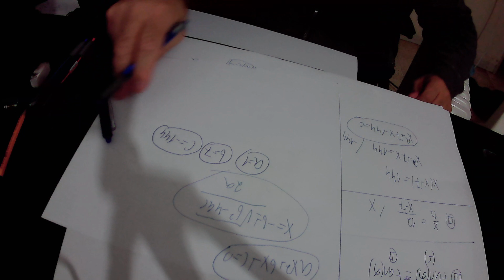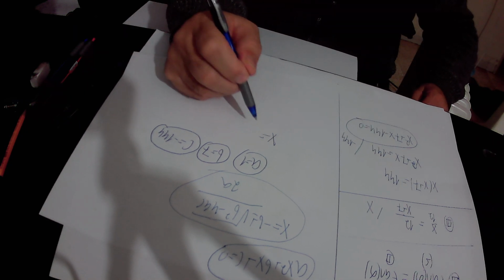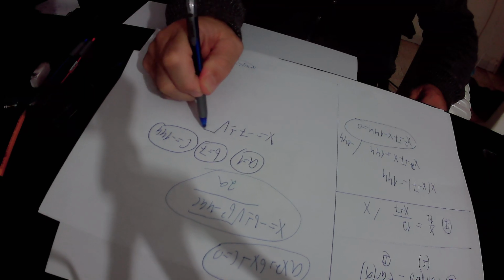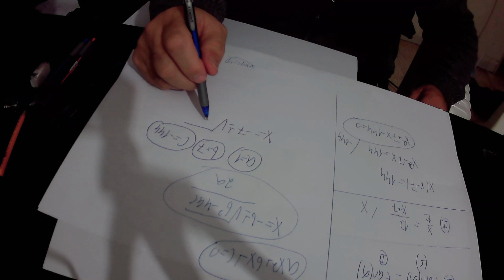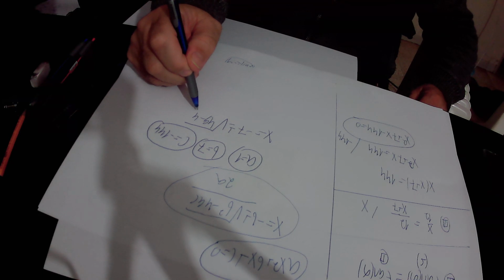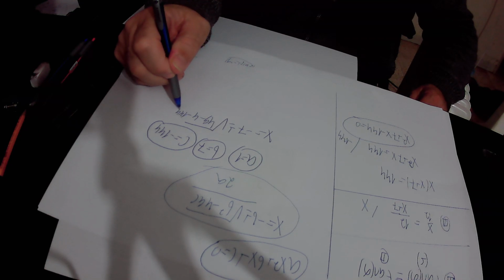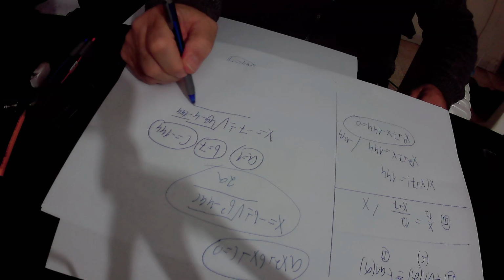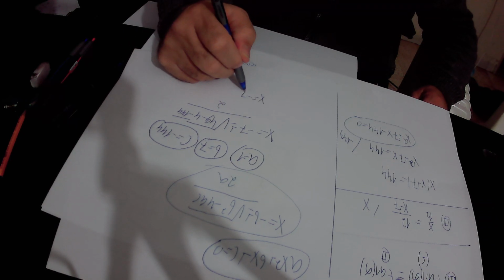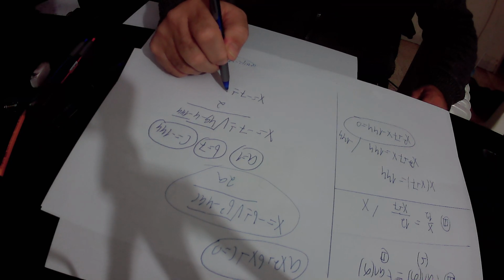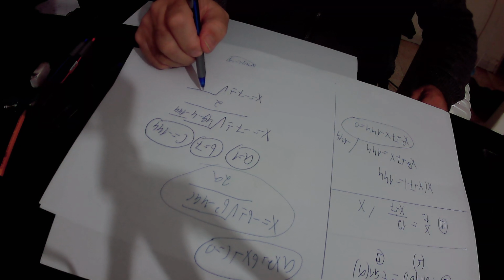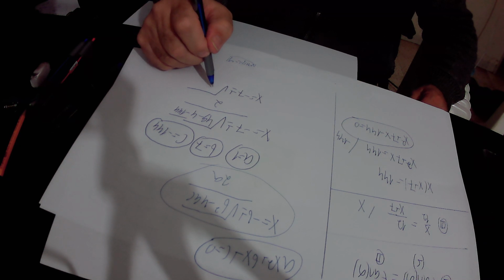So we get here that x equals minus b, b is 7, so minus 7, plus minus the square root of b squared, b is 7, so 7 squared, that is 49, minus 4 times a, which is 1, times c, which is minus 144, all divided by 2a, which is 2 times 1, that is 2. So x equals minus 7 plus minus the square root of: minus 144 times minus 4 is 576, plus 49 is 625.